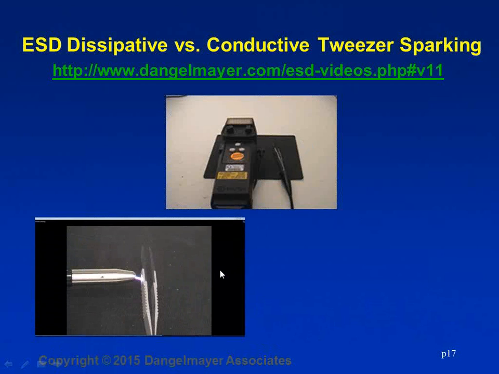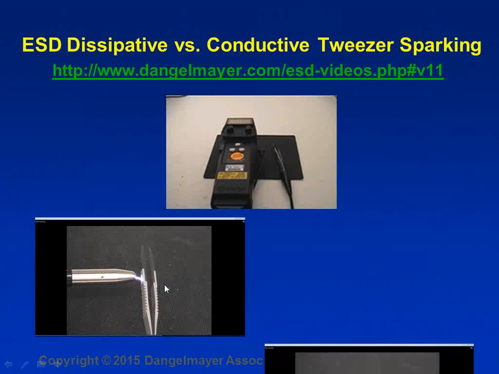Now, a close-up reveals that this is the tip of the gun, and in this image, the gun was set at 17,000 volts. So imagine this tip is your charged component or charged board, and it's approaching a pair of metal tweezers. You can see there's an arc jumping some distance, representing tens of amps and a very strong discharge.